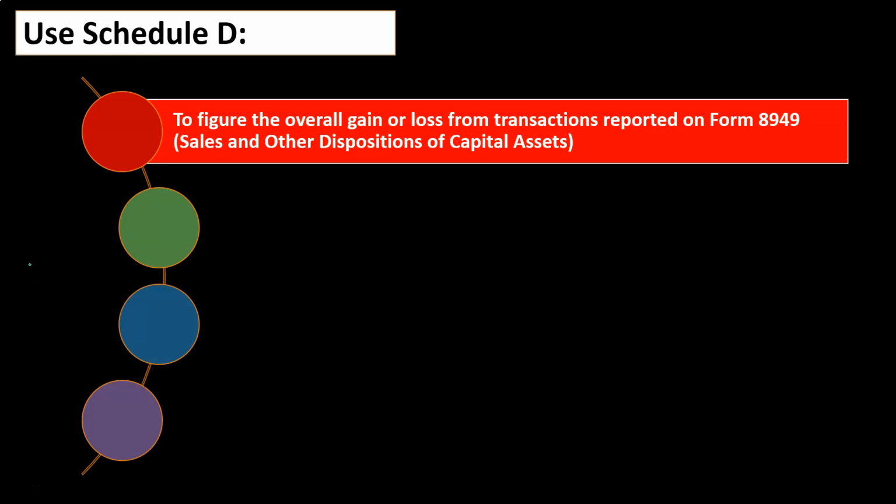So use Schedule D to figure the overall gain or loss from transactions reported on Form 8949, sale or other disposals of capital assets. Now, I'm going to go over the reasons why you would use a Schedule D here, which would be capital gains and losses.